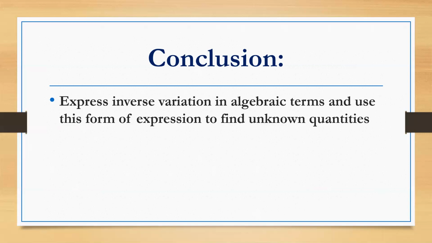So you will remember that for direct variation, for example, y varies directly as x, we write it as y equal to kx. Whereas if we have y varies inversely as x, then we write it as y equal to k over x.